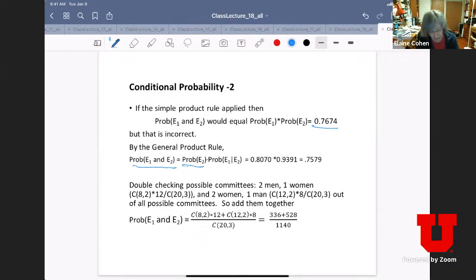The probability that there's a woman, given that there's already a man on the committee, times the other probability, is 0.7579. Now you can look at it and say, well, they're kind of close, but not really. They're not the same.